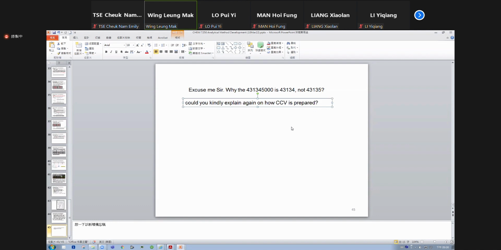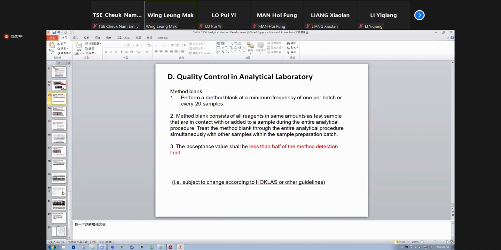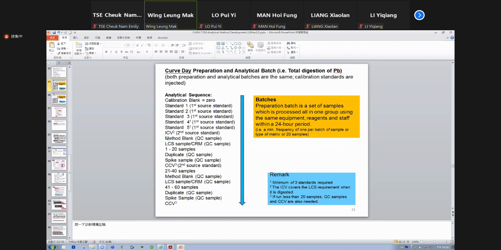Could you kindly explain again how the CCV is prepared? When you're talking about this one, the CCV. The CCV is just like the ICV, but from another source.